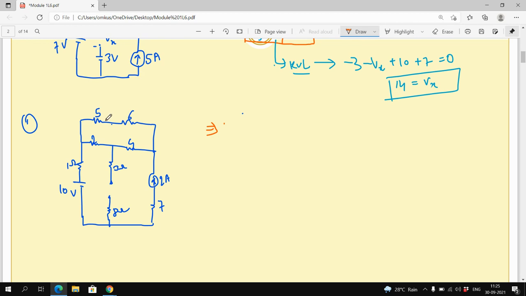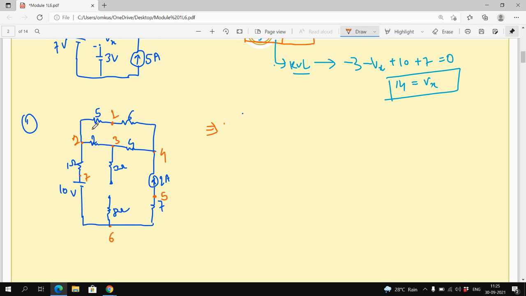So see, this is node 1, node 2, node 3, node 4, node 5, node 6, node 7. I hope this is clear to you.